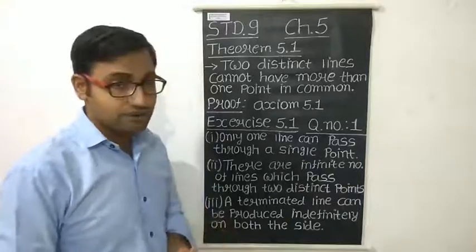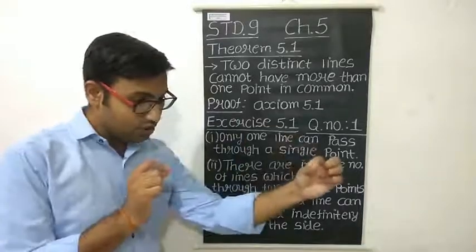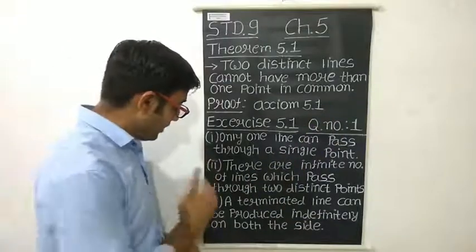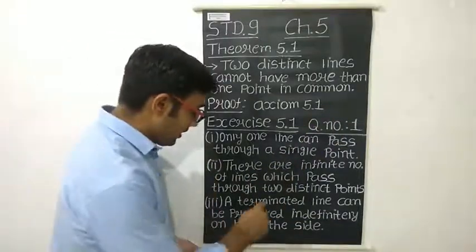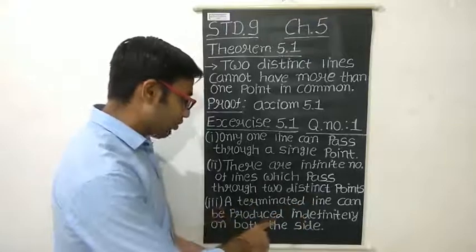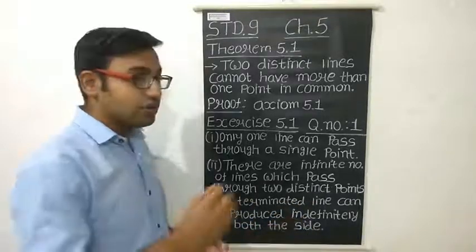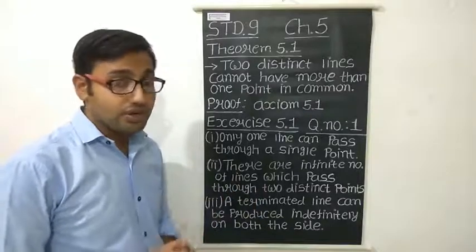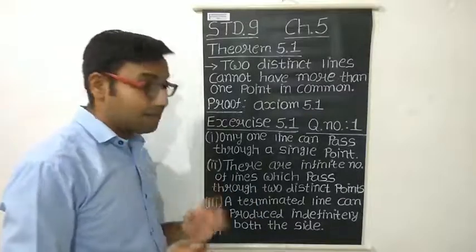Is it not possible? Right? From two distinct points, only one line can pass. Okay? Third statement: a terminated line can be produced indefinitely on both sides. This kind of postulate we have already studied, right? So this statement is true.